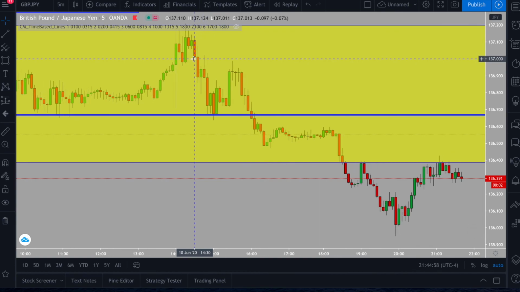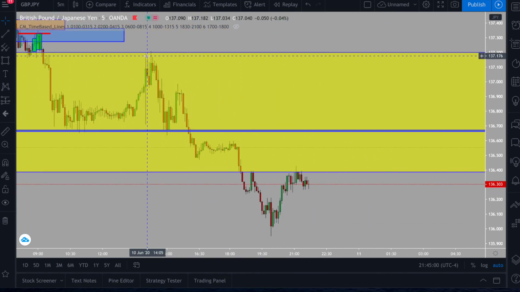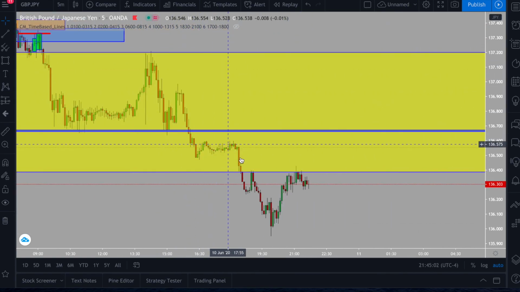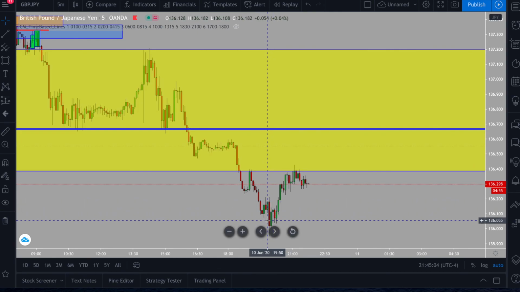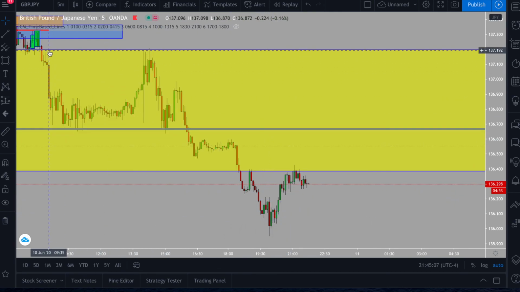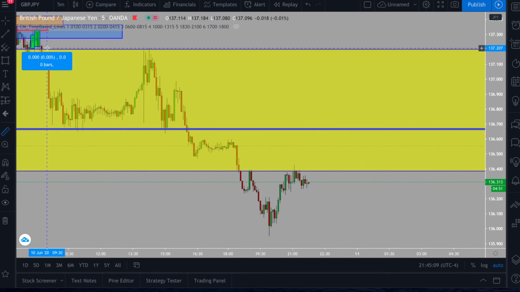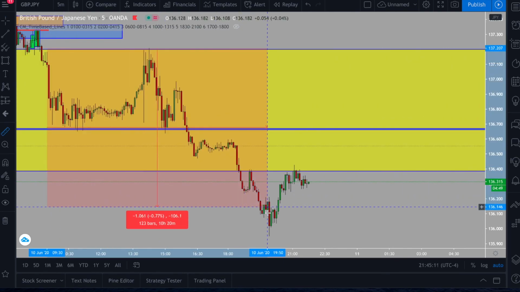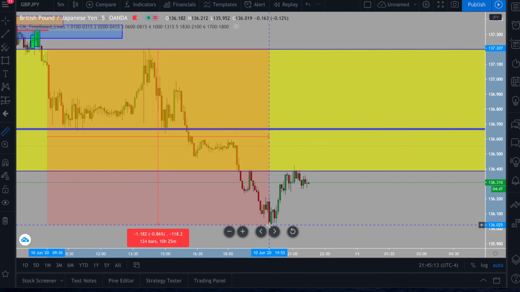So yeah, that was my trade, and as you can see, price kept just falling. From where I entered to where price was down here is 118 pips.